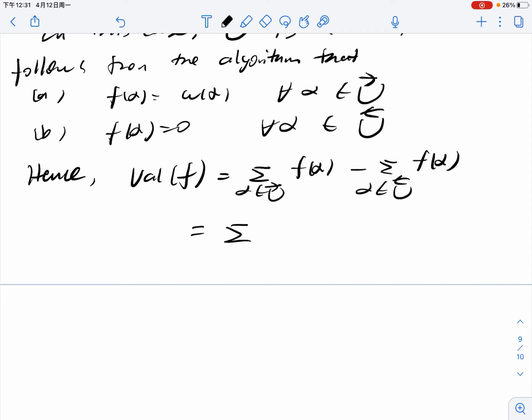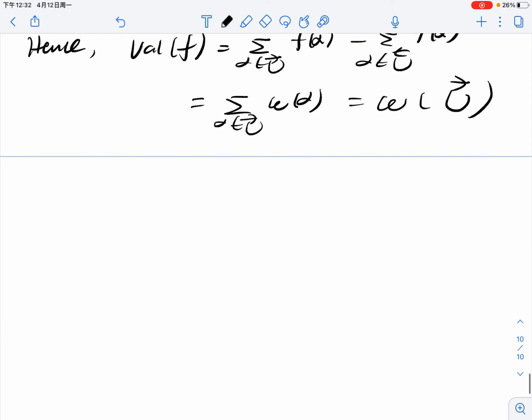This is the sum of the weights of alpha for all alpha in the leaving set. Okay, then we are done. The f hat is what we want.